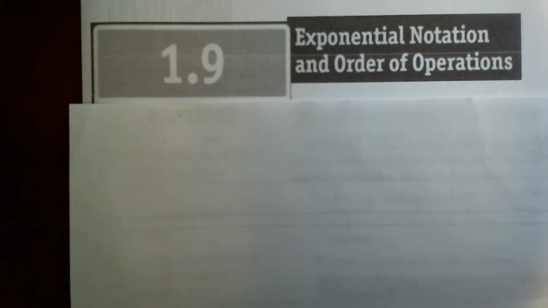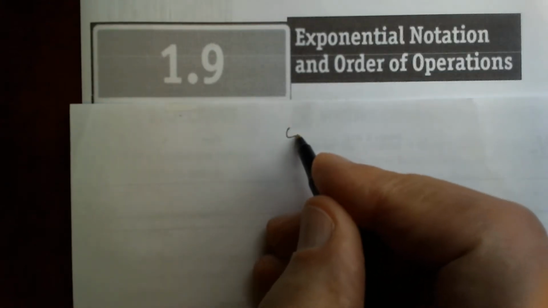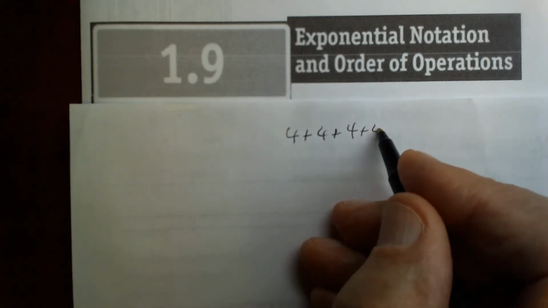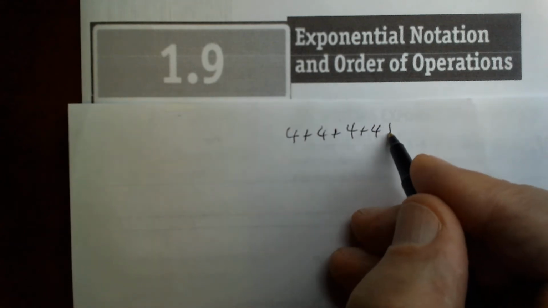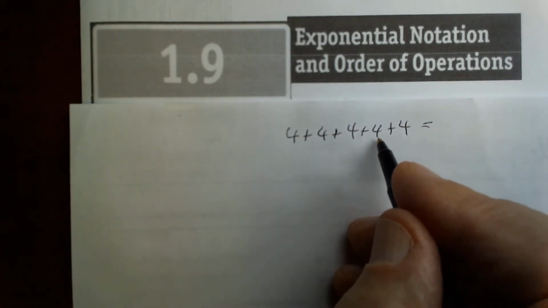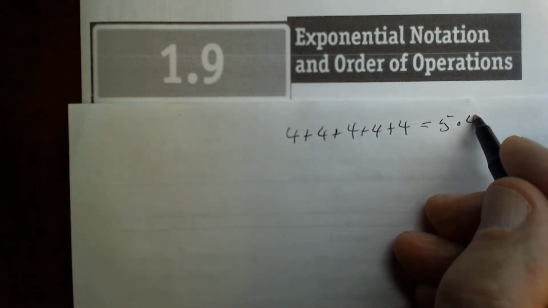Section 1.9 is about exponential notation and order of operations. To introduce this topic, let's think about how we defined multiplication. For example, if you write 4 plus 4 plus 4 plus 4 plus 4 plus 4, we add 4 to itself 5 times, so instead we said 5 times 4, or 20.